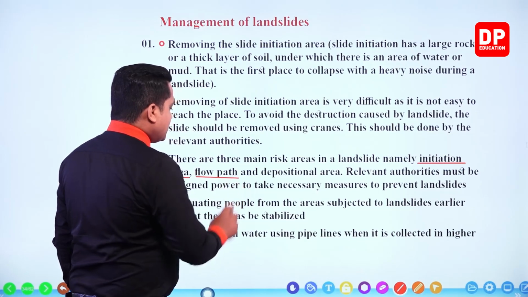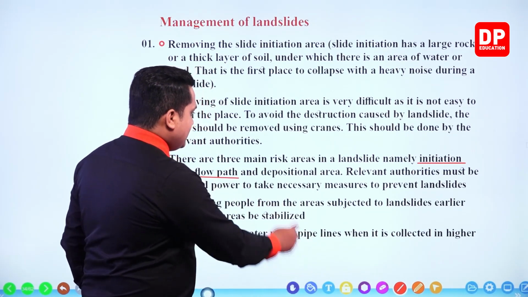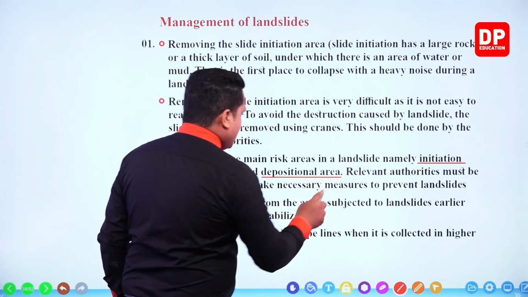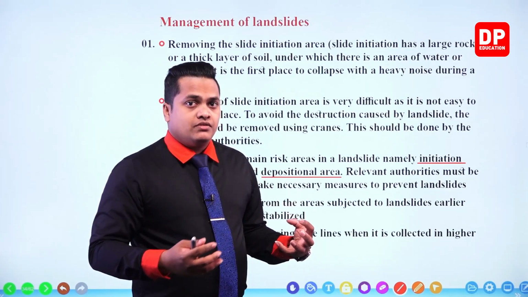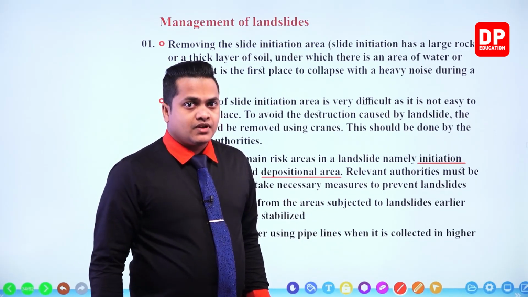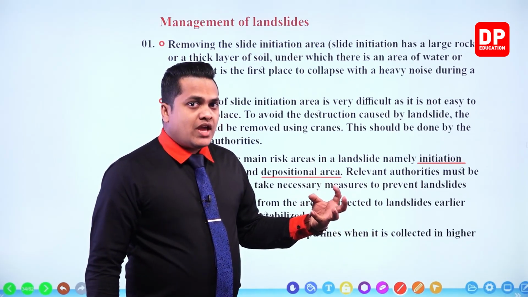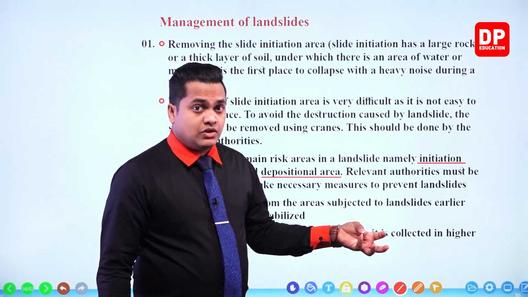This is the path along which the landslide travels. Then the depositional area. These are the areas where the rock and the soil are going to deposit. So the authorities should have the power, or we should inform the authorities.